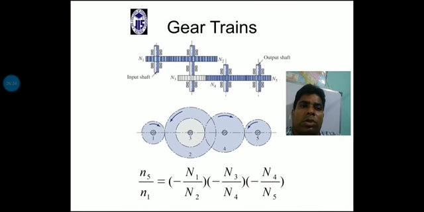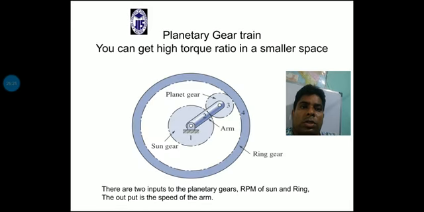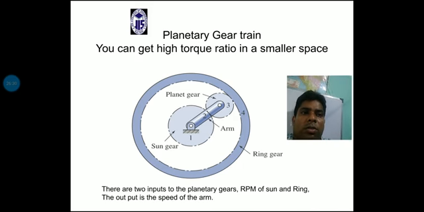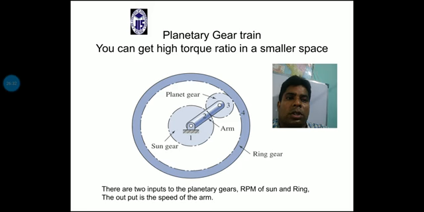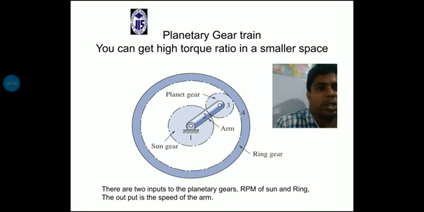Now the next point is the planetary gear train. A planetary gear train is actually the epicyclic gear train. In this figure, it is also named the sun and planet gear train.